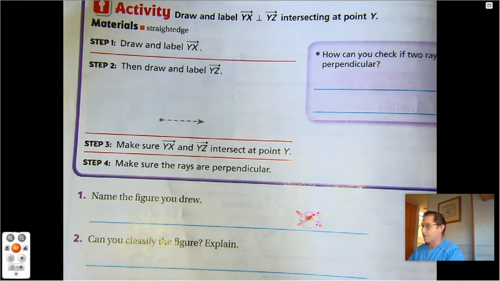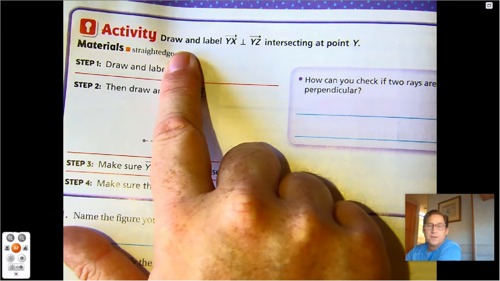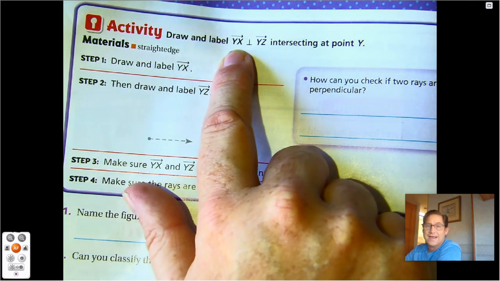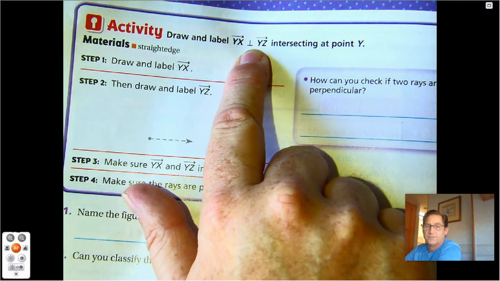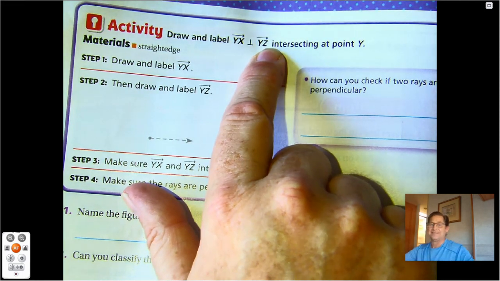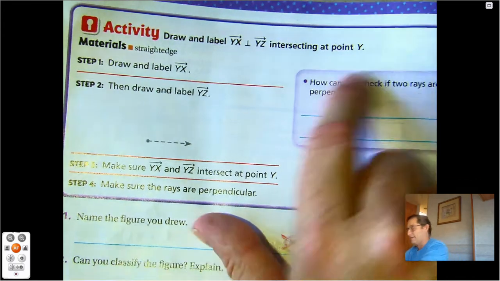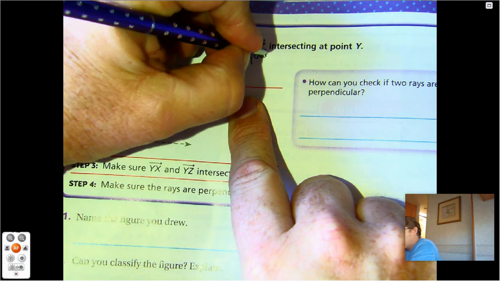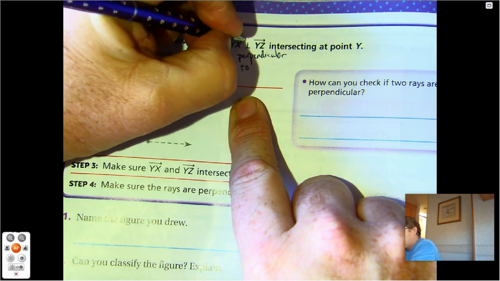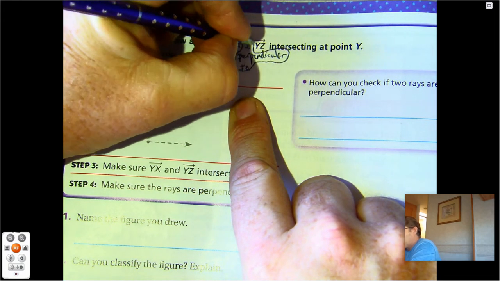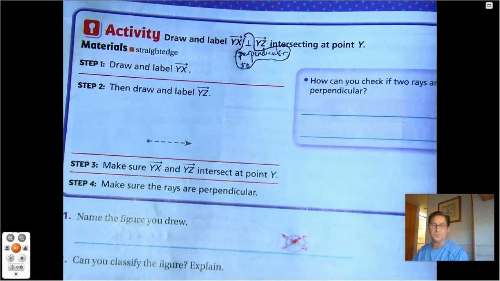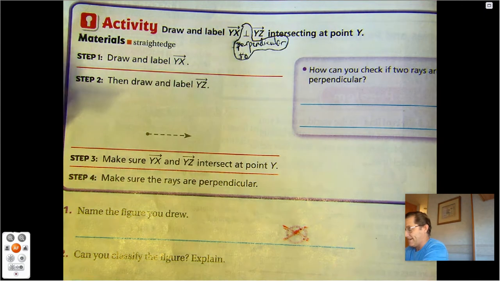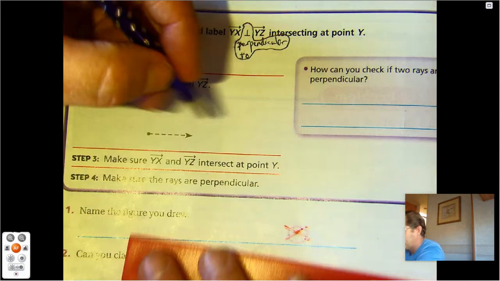So our activity: draw and label ray YX perpendicular to ray YZ, intersecting at point Y. That symbol means perpendicular to. So step one, let's draw ray YX.